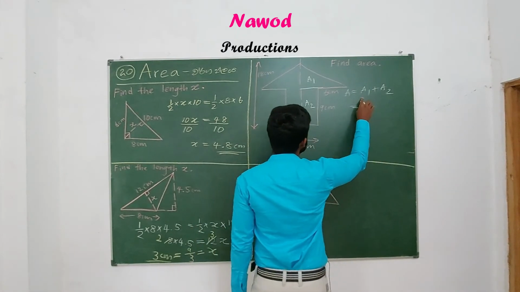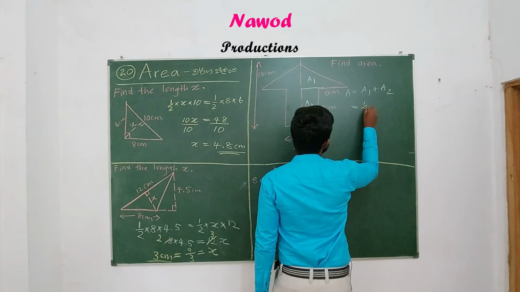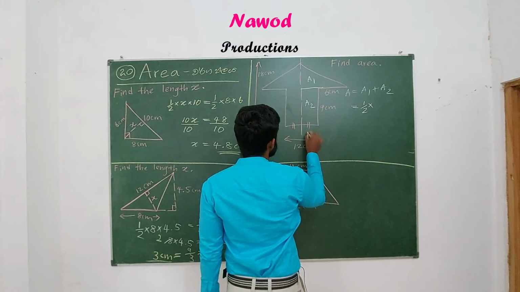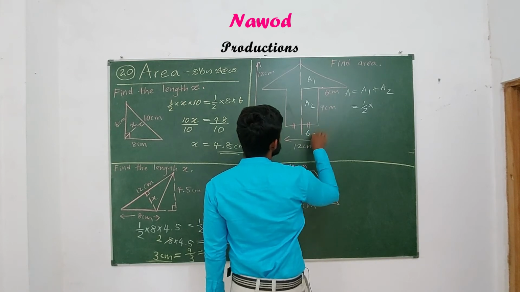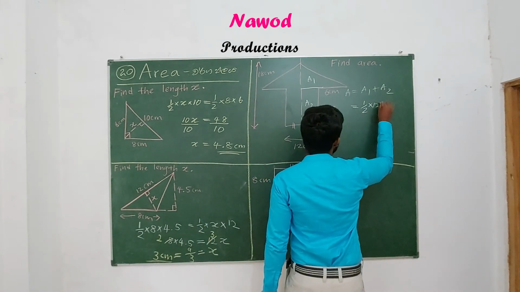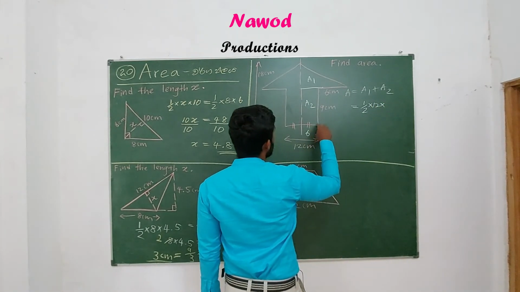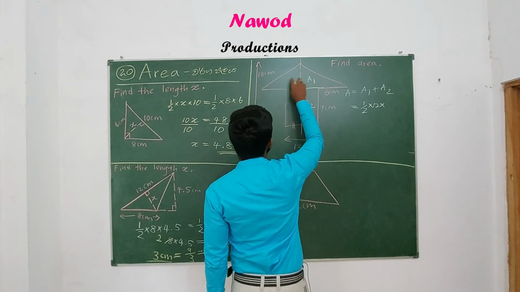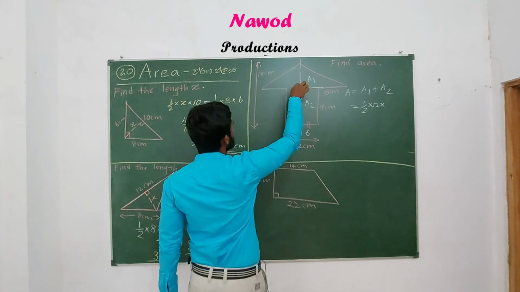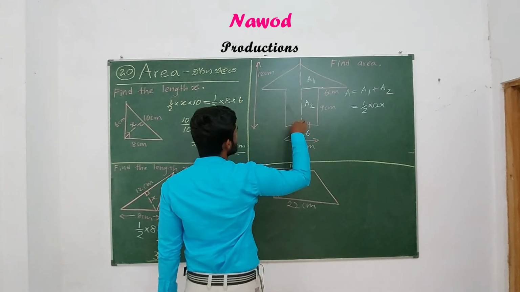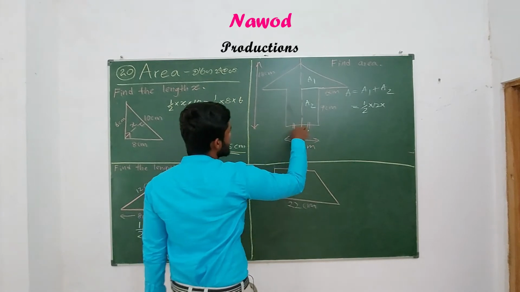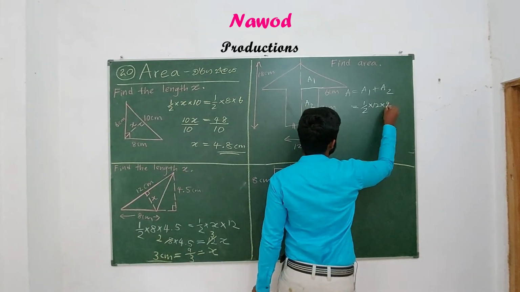Then A1, half into base is 6 plus 6, 12. 12 into 18, here to here 18. Here to here 9. Then altogether 18 into 9.